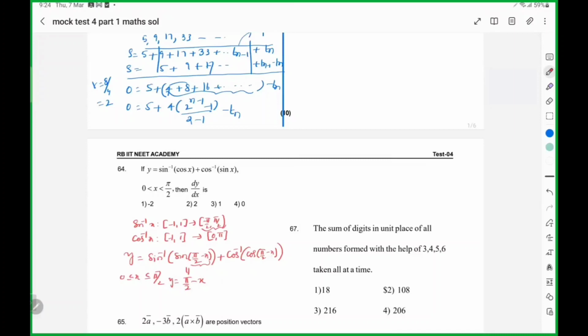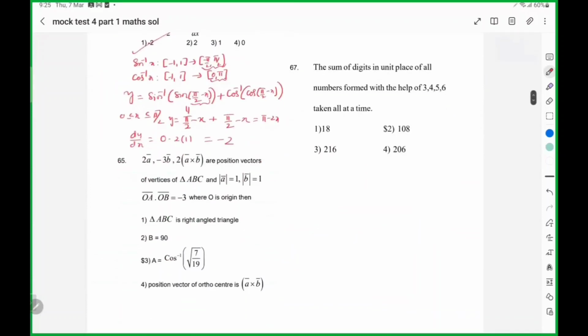Here x, anything you substitute between 0 and pi by 2, is also within the bijective limits. Cos inverse cos x becomes x. It's pi minus 2x. So dy by dx is minus 2. So the first option is correct.